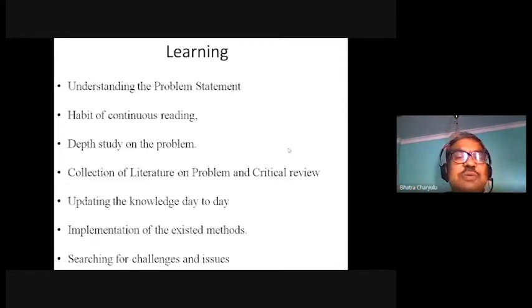So all these concepts will be learned by any researcher, whether a scientific researcher, a social researcher, or in any area.